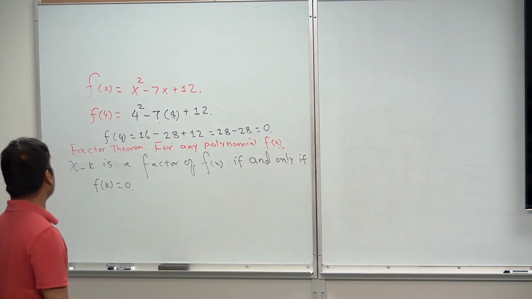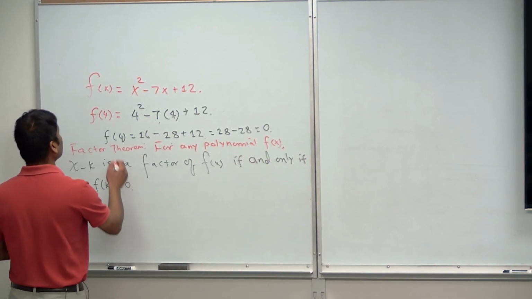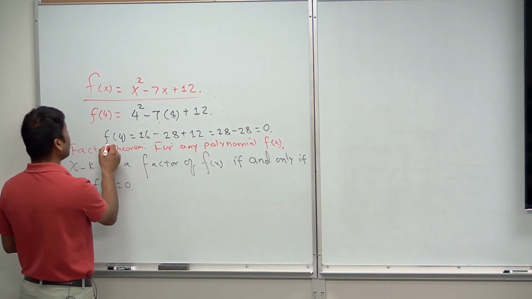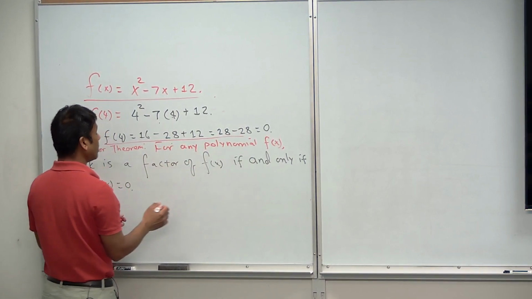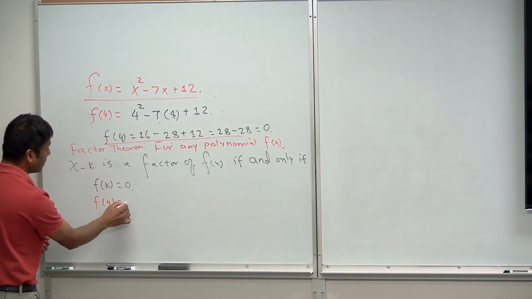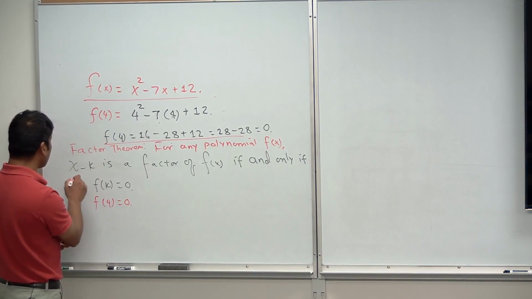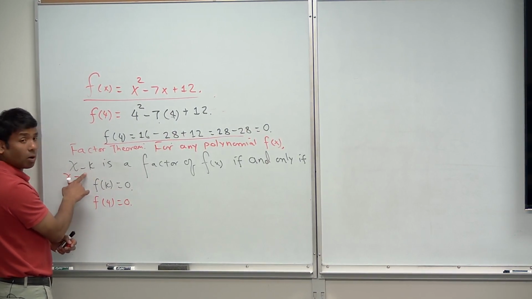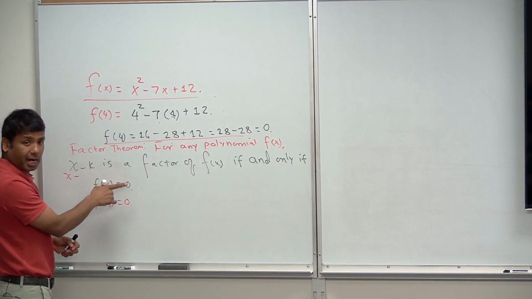Right? So now look here. What happened here? So this is your f(x). What did you get here? f(4) is 0, is that right? You see f(4) equals 0. So if f(k) equals 0, what will be the factor? x minus k, right?